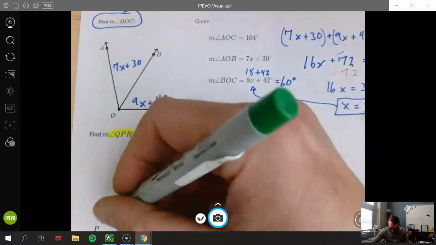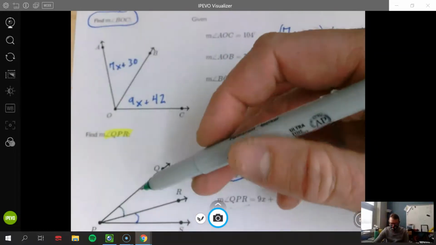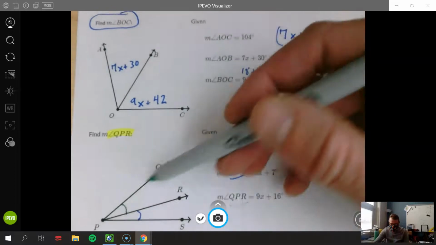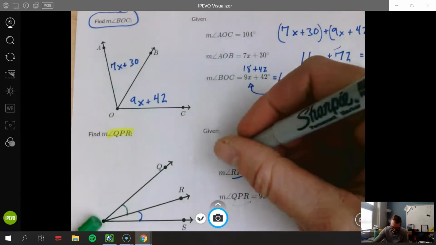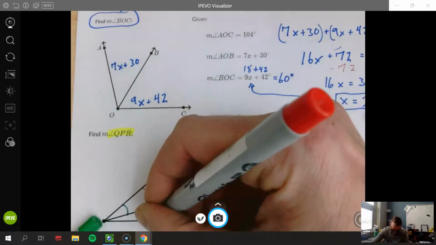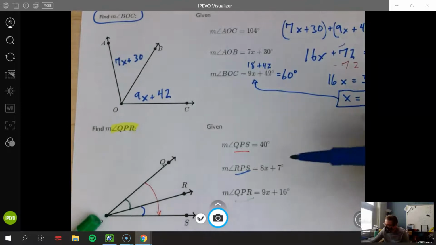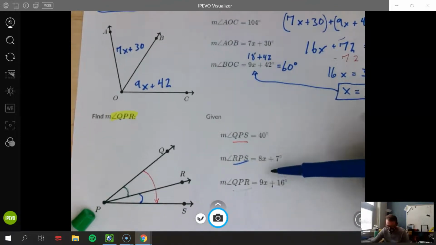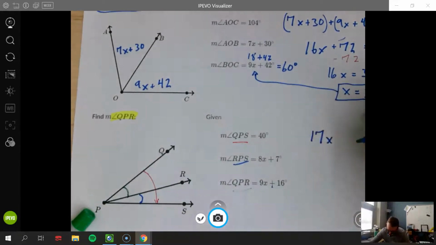QPR, check that it's what you think it is. And now, okay, I can add them up because QPS is the big, the whole. So this one is what we expected it to be. We've got to add up the expressions. So when I add my x's together, 8x and 9x, 17x. 7 and 16 degrees.